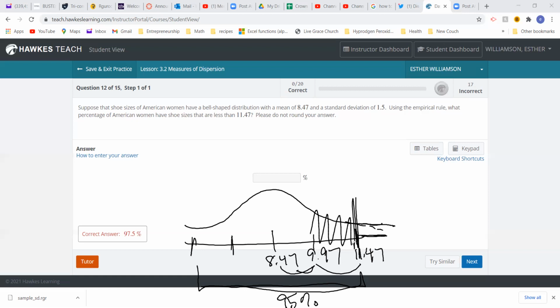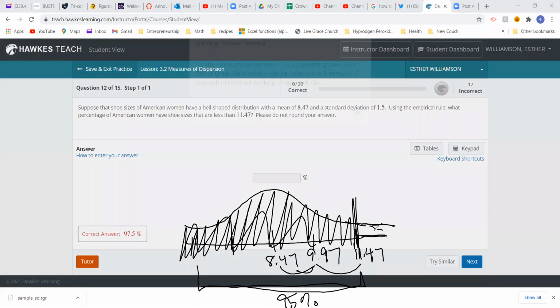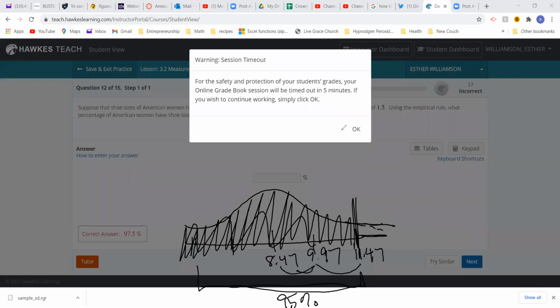So it's really asking for this area here. And if you recall, the area outside of 2 standard deviations, we just did a problem like that. We went 100 minus 95 divided by 2. That's this area, which is 2.5.